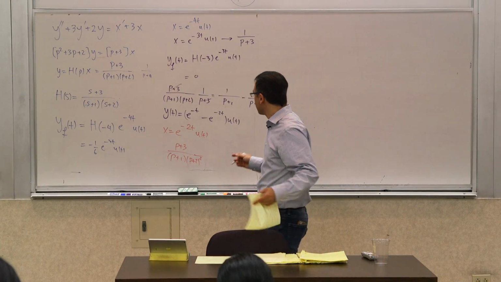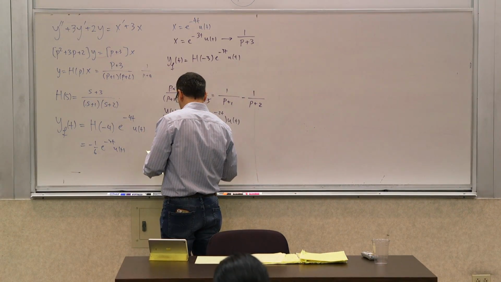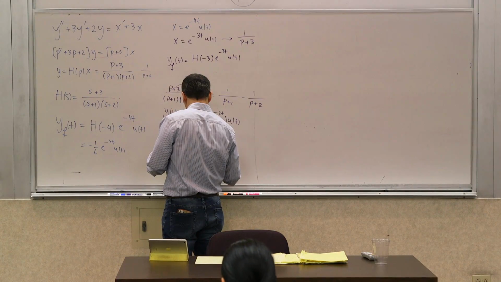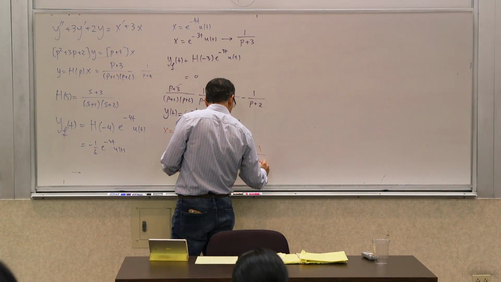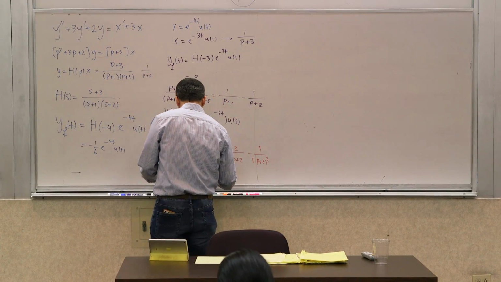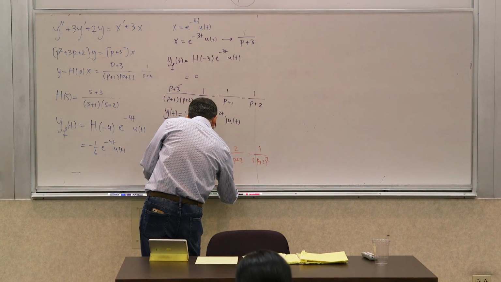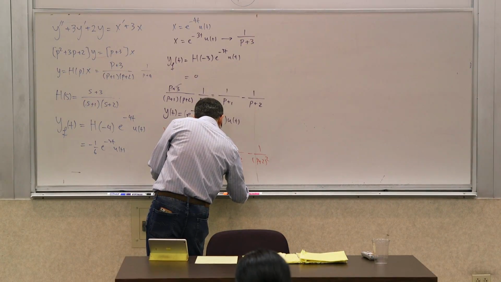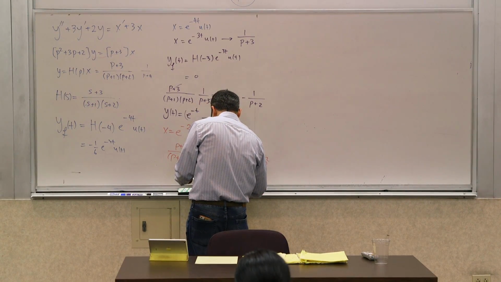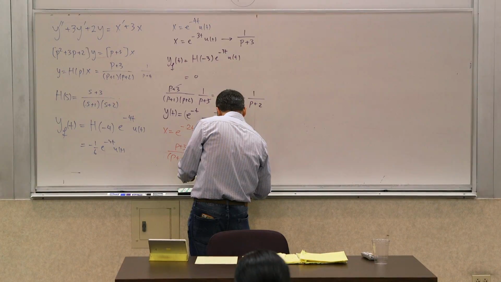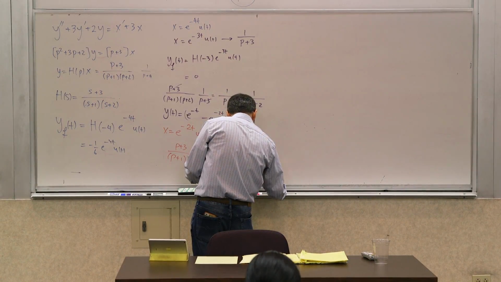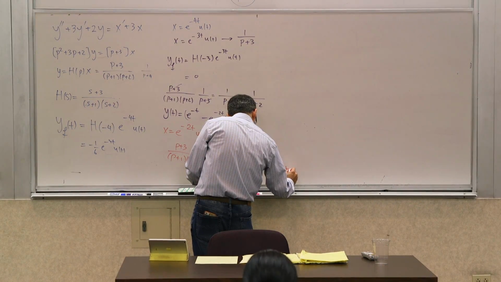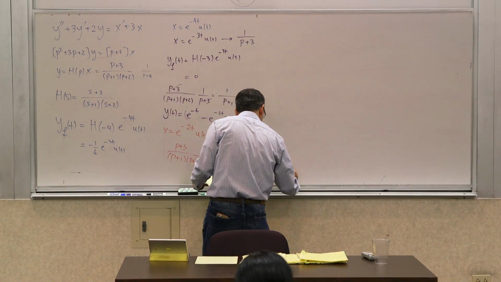The partial fraction expansion of that is actually 2 over p plus 1, minus 2 over p plus 2, minus 1 over (p plus 2) squared, which gives you 2e to the negative t minus 2e to the negative 2t minus te to the negative 2t, u of t.